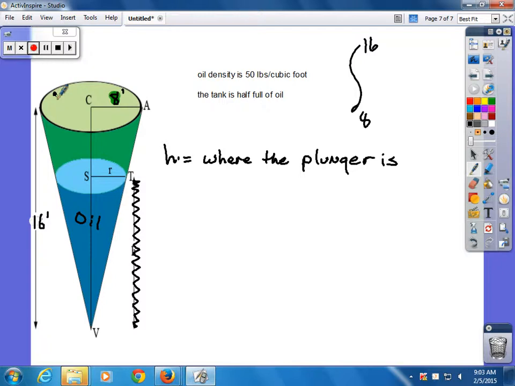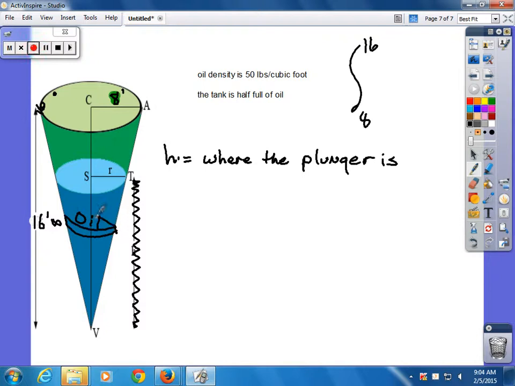So when that plunger's right down here, it's going to grow because it's pushing that oil, and then once it gets to about right here, that air is gone. So from 8 to 16, you're going to be pushing. Now, what are you going to be pushing? You're going to be pushing that what?